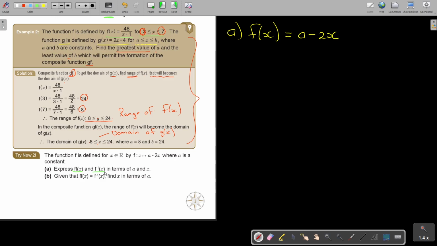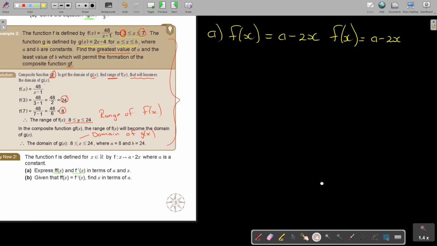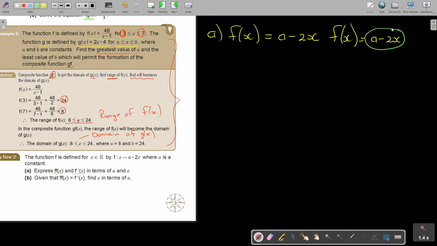Now, I prefer, it's just to help me. As soon as I see a double f, I'm just rewriting it again. And I like to just draw the lines to make sure I'm not making unnecessary mistakes. So I will now take this one and I will put it in the place of x, always x in there.